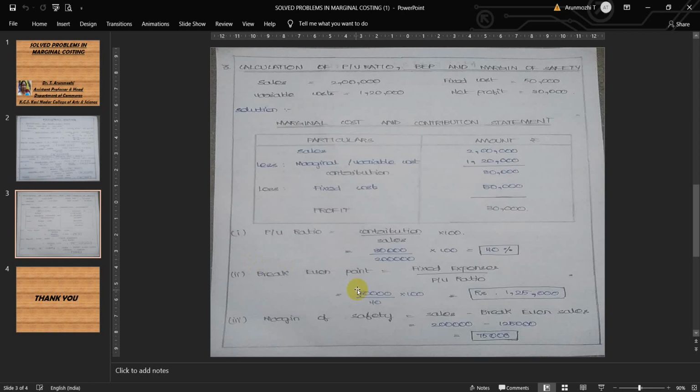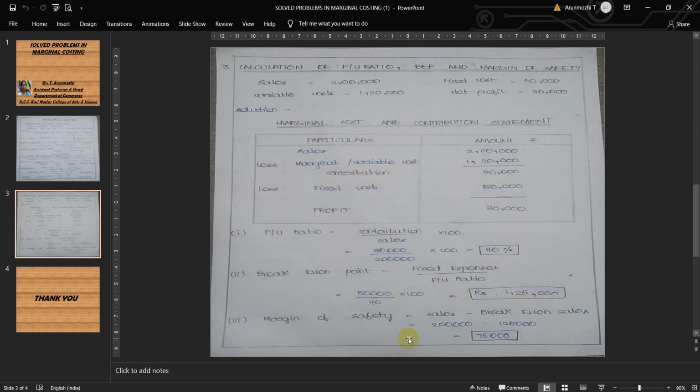Now calculation of PV ratio. Here you have contribution divided by sales into 100, 80,000 divided by 2 lakh into 100 is equal to 40%. Now break-even point, fixed expenses divided by PV ratio, 50,000 divided by 40 into 100, is equal to rupees 1,25,000.